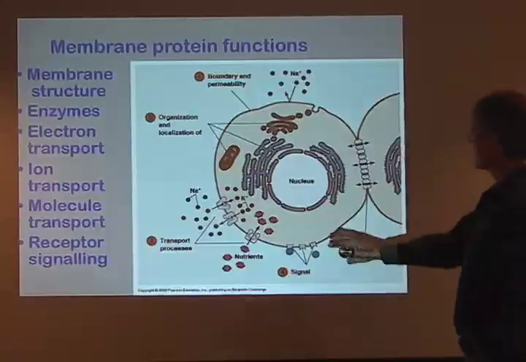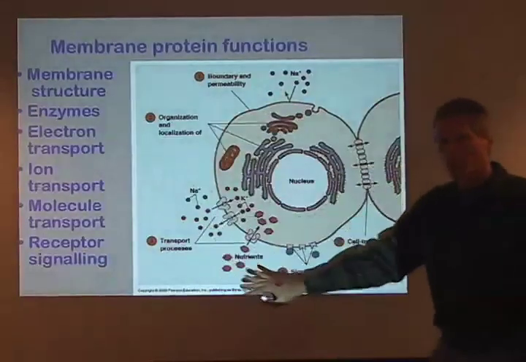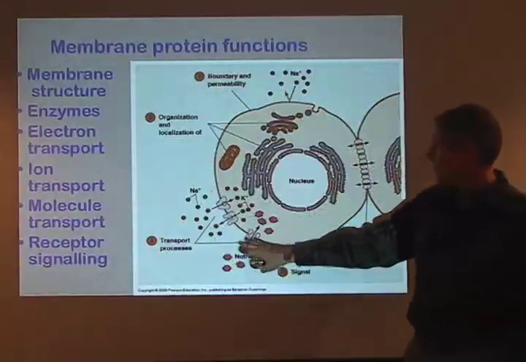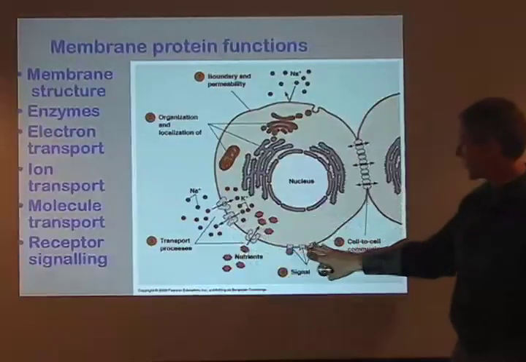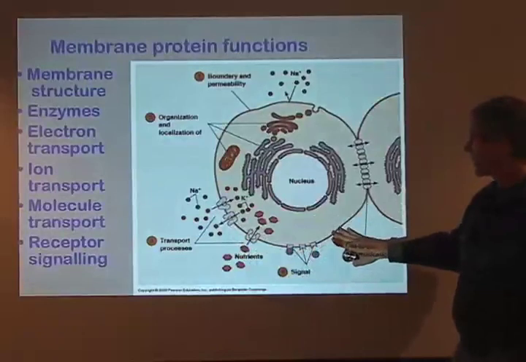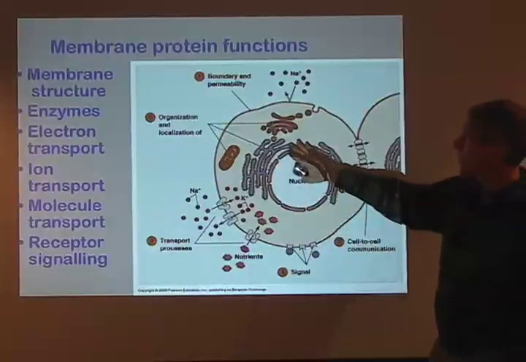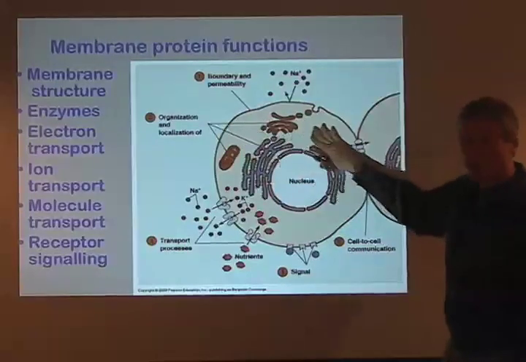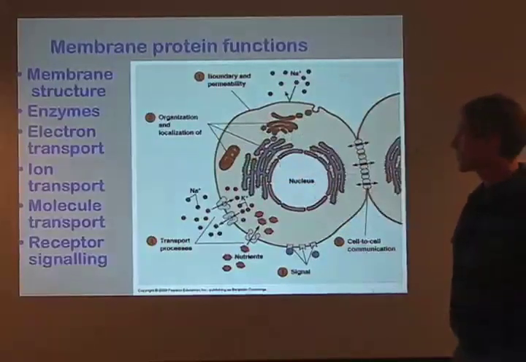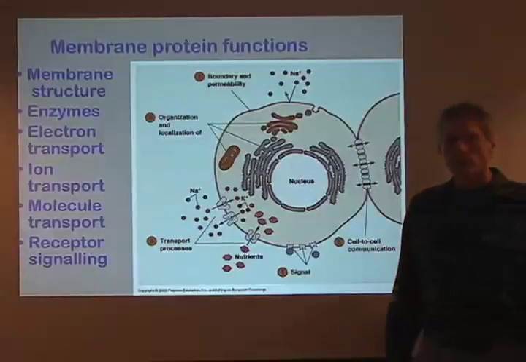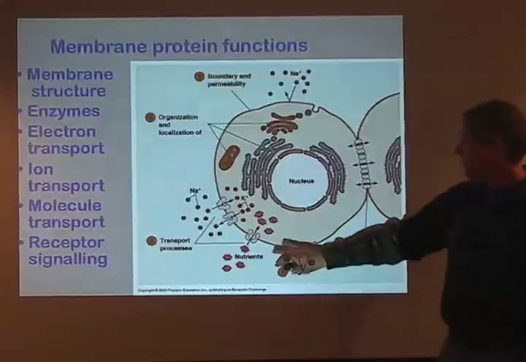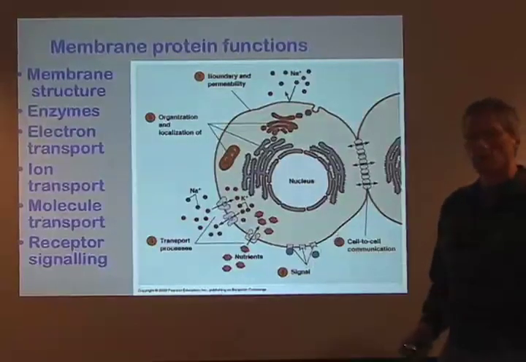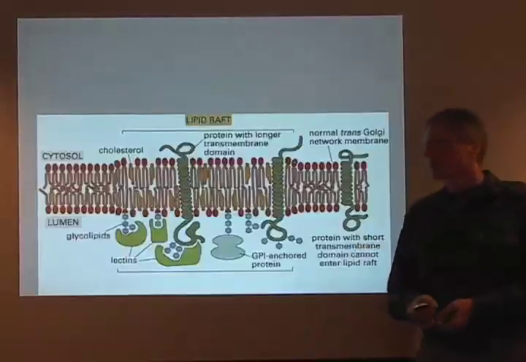So the cell is not all one kind of membrane. Their lipids, as I showed you, are distributed asymmetrically on the plasma membrane. Lipids are made in the endoplasmic reticulum, and they're transported throughout the cell by vesicular transport pathways. There, in addition, are specialized patches of membranes, which are like islands or rafts.